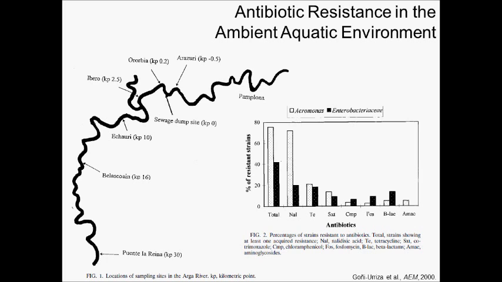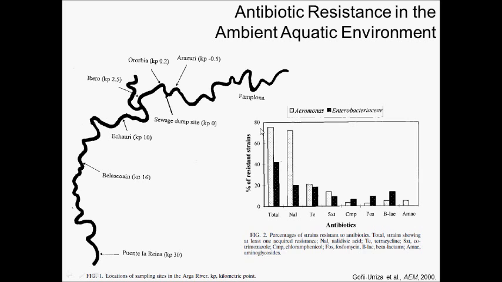anthropogenically impacted environment. So this shows an example of one study where you see a river here on the left and the sampling locations, and what's shown here is the percentage of resistant strains to various antibiotics. So TE, for example, is tetracycline, and you can see that about 20% of the Aeromonas strains are resistant to tetracycline.